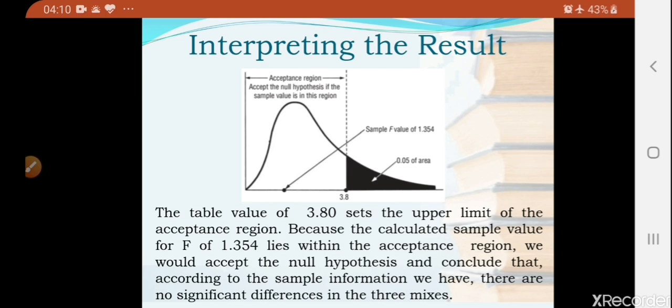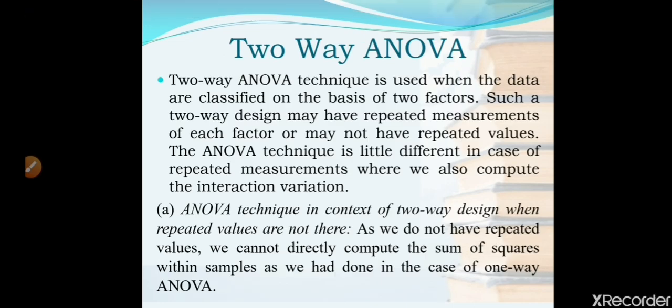After that, we move to the two-way ANOVA. So, some situations demand that the experiment should be planned in such a manner so as to study the effects of two factors simultaneously. So then comes the two-way ANOVA, where we are having two factors.